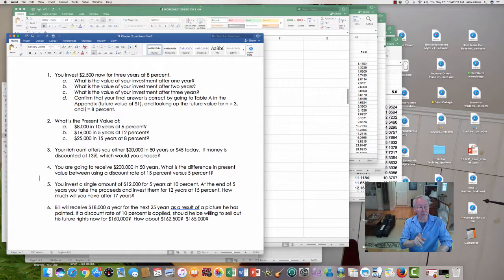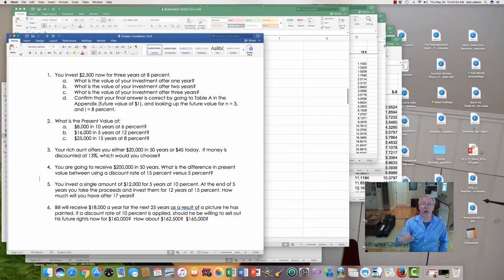Then and only then can he make a valid comparison to cash equivalents, 160, 162.5, 165. So Bill is going to take that guaranteed $18,000, 25 years. It's an annuity. He's going to discount that annuity using Table 4 or Table D.